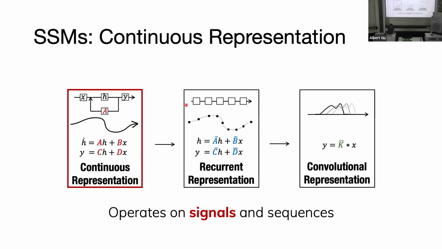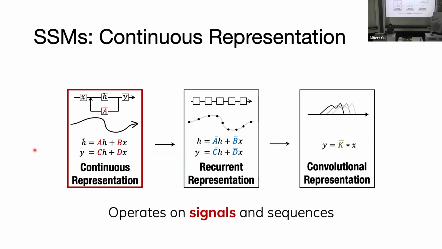First of all, these structured state space models are different from other types of sequence models because they're defined in continuous time instead of discrete time. This distinguishes them from a lot of other models and gives this flavor of the SSMs different types of properties.